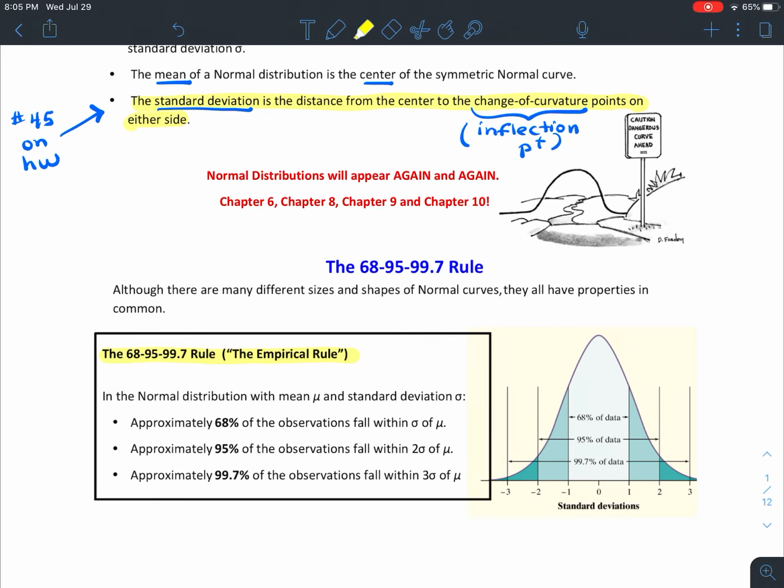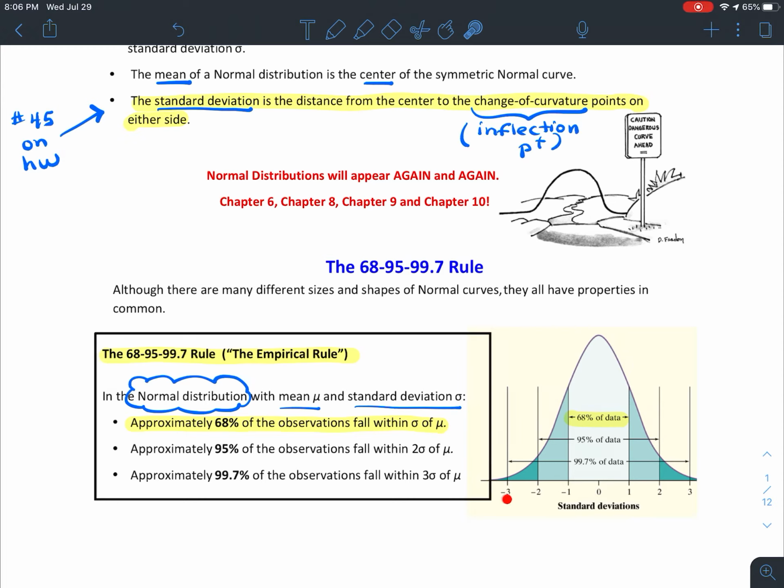In essence, this is illustrated by this picture here. A normal distribution with a mean of mu and a standard deviation of sigma typically has approximately 68% of your observations fall within one standard deviation on each side of the mean.